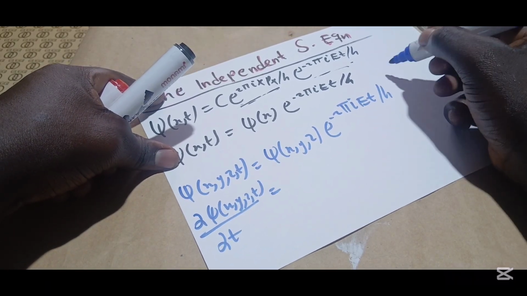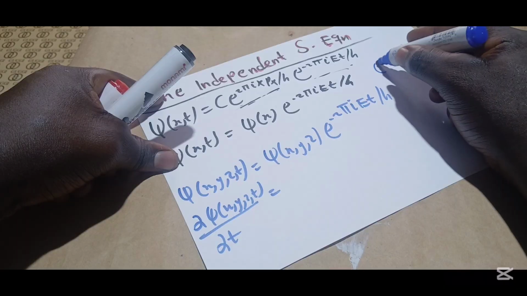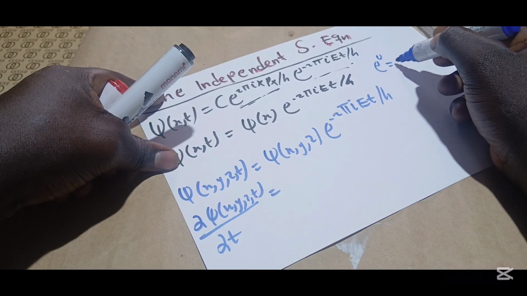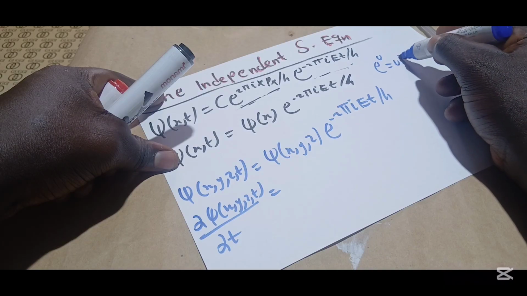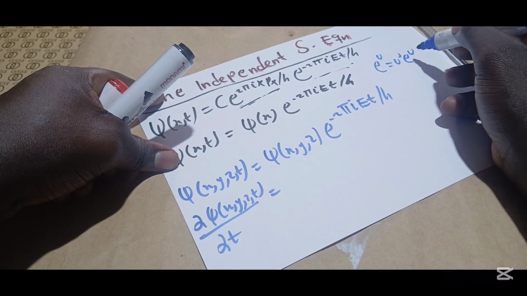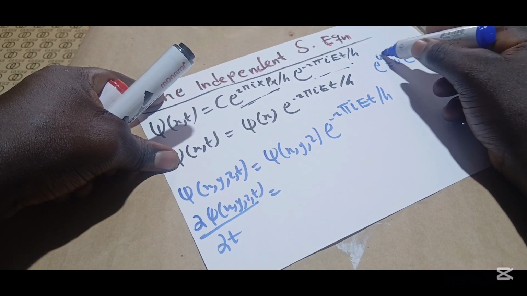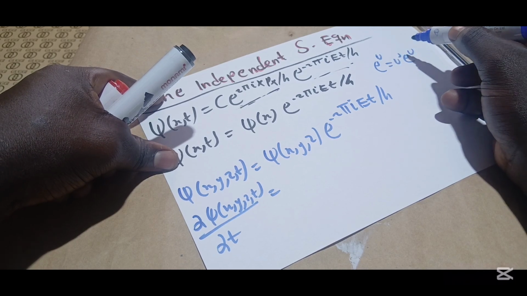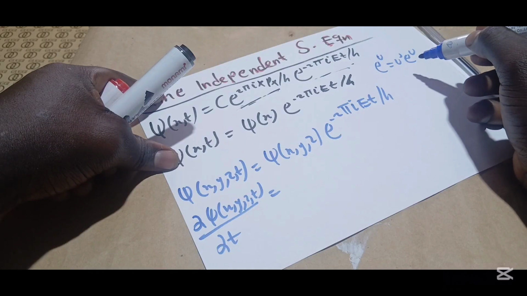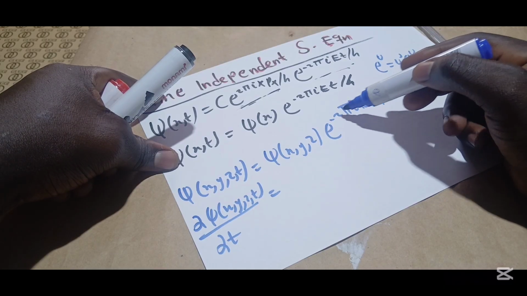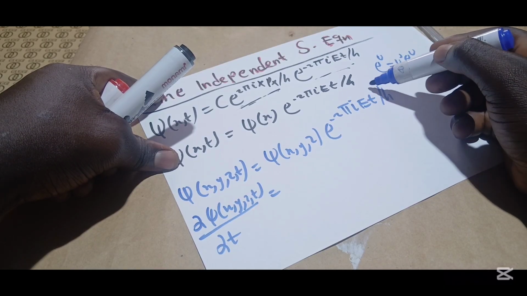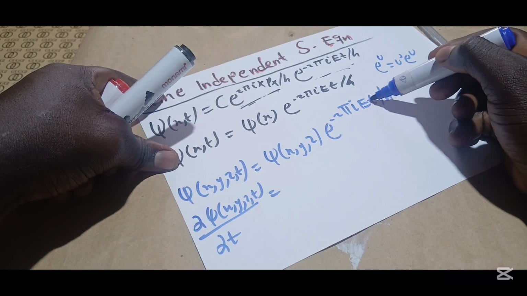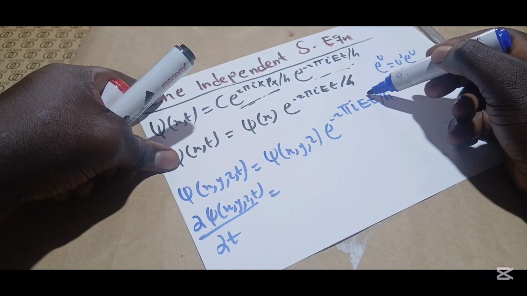So if we have an exponential function e to the power u, differentiating this equals multiplying the derivative of u by the whole term, which is e to the power u. So that is exactly what we are going to do. Differentiating this term here with respect to t is going to give us minus 2 pi i E over h. If you differentiate t here, we are going to get 1.